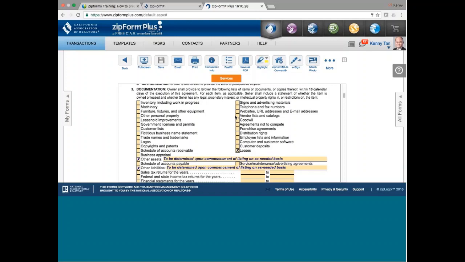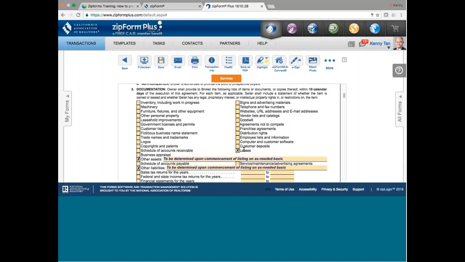So I don't see the necessity of checking so many different boxes. If you need something, after you sign the listing agreement, just get it from them. But the thing that I really need is the leases, because I think that is the most important thing, for me anyway.